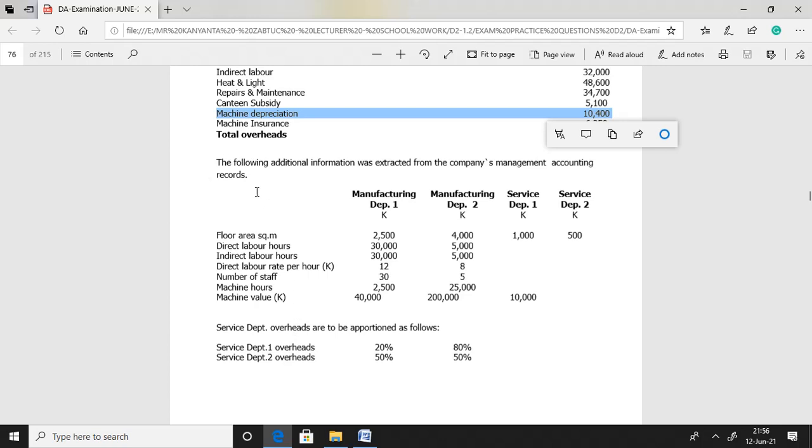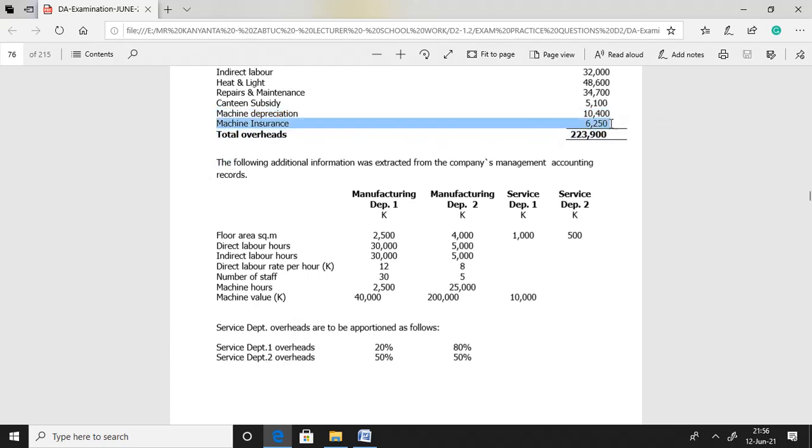The next cost item is machine insurance. For machine insurance, you can still use machine value because insurance is synonymous with machine values. So total 250,000, 40 over 250 multiplied by that cost, 200 over 250 multiplied by that cost. So we do that.